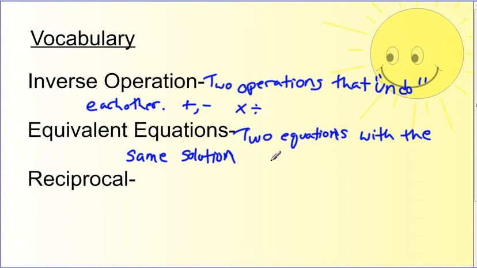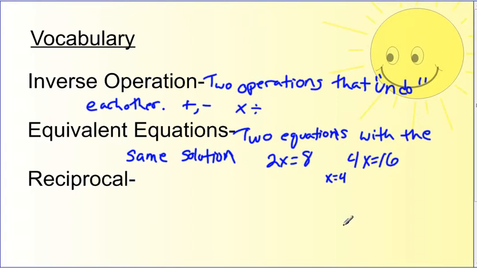And you could think of something like 2x equals 8. You can guess the x right there would be 4 because 2 times 4 is 8. Or if I said 4x equals 16. Those two equations are equivalent because they both have the same solution where x would equal 4.